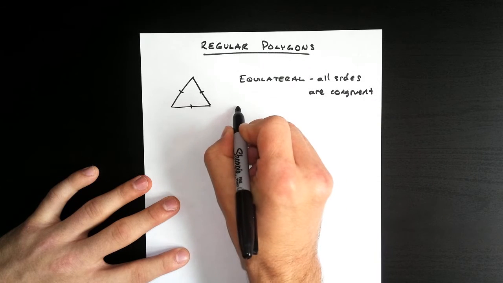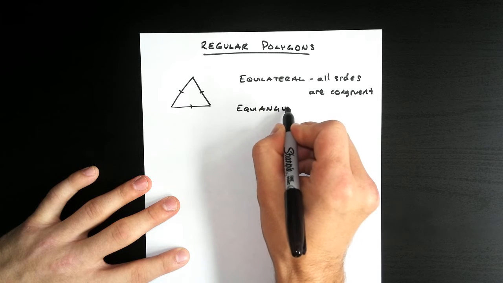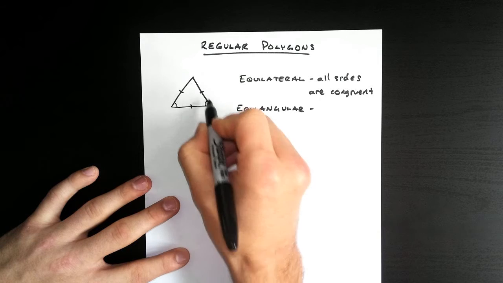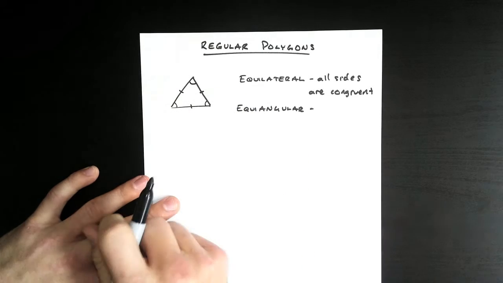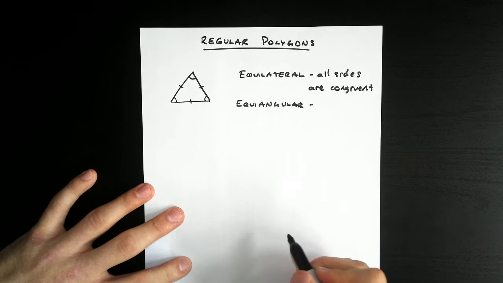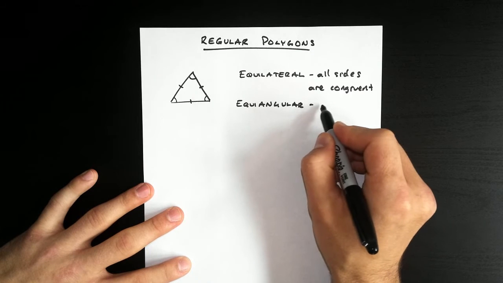Okay? And similarly, equiangular means that all the angles are the same. So again, in an equilateral triangle, we know that all the angles are equal to 60 degrees, so all the angles are the same. That's the definition for equiangular.